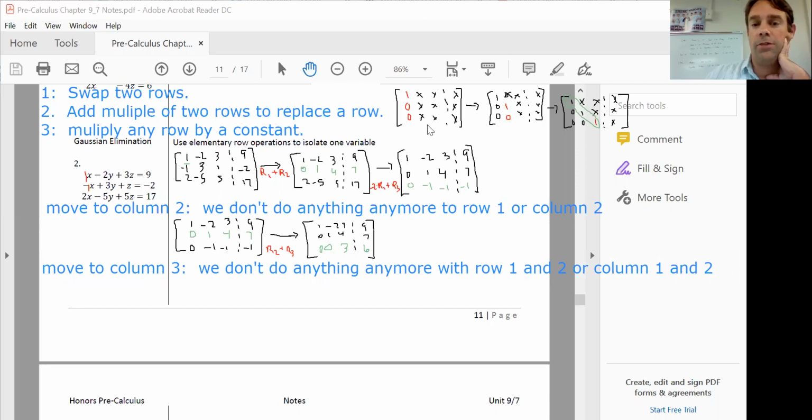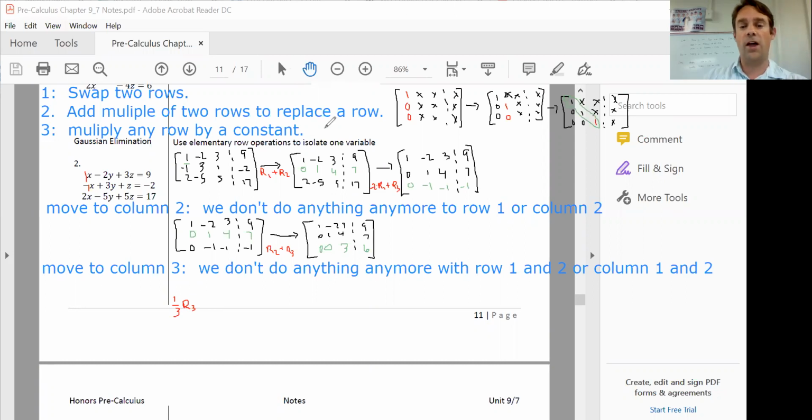And now we're down to that third column, or that third row. And I'm looking at that third row and I'm thinking to myself, what if I were to go ahead and multiply that third row by 1/3? If I do that, that'll put a 1 where the 3 is, and I'd be all done.